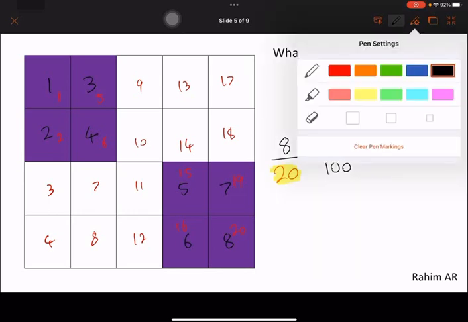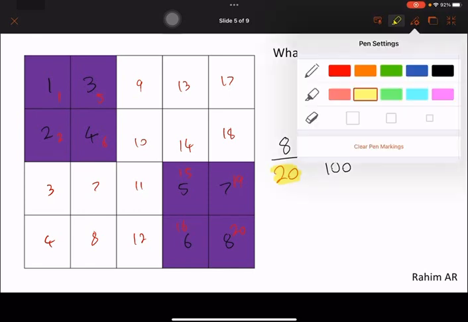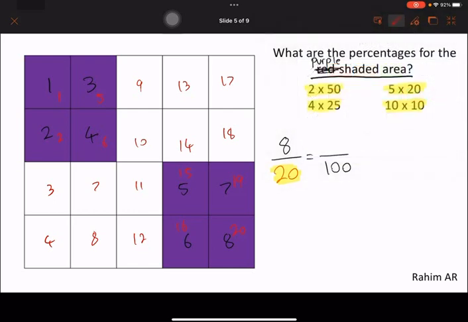Again, by using our clues here. 2 times 50, 4 times 25, 5 times 20, 10 times 10. So, where can you find number 20? We can find it here. 5 times 20. Therefore, 20 times 5 equals 100.